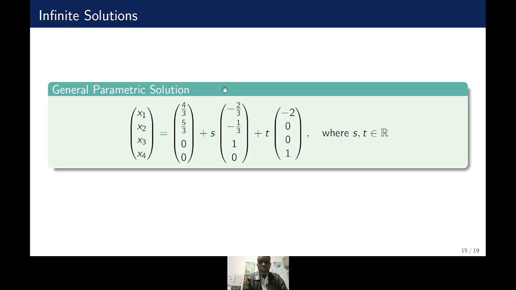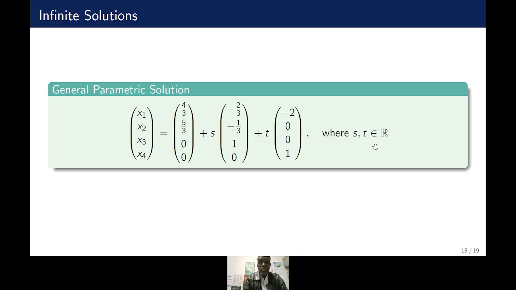This solution is called a parametric solution because s and t are just parameters. We can choose them to be anything. You can set s to be 1, s to be a third, and so forth. And for whatever value that you set, you get a solution. So in this case, you are going to get an infinite number of solutions. So your third system of equations has an infinite number of solutions.